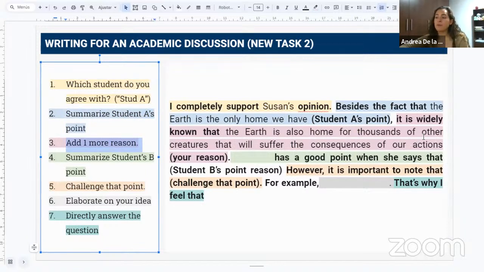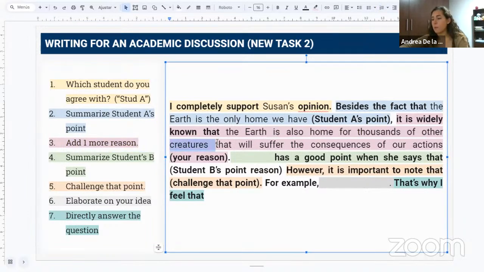The Earth is also home for thousands of other creatures that will suffer the consequences of our actions. ¿No? La estructura es un poco, estoy completamente de acuerdo con tal estudiante, además del hecho de que, además de lo que él o ella ya menciona, que el planeta es el único hogar que tenemos, también es hogar para otros animales, ¿no? Para otras criaturas. Or species, maybe, I don't know.